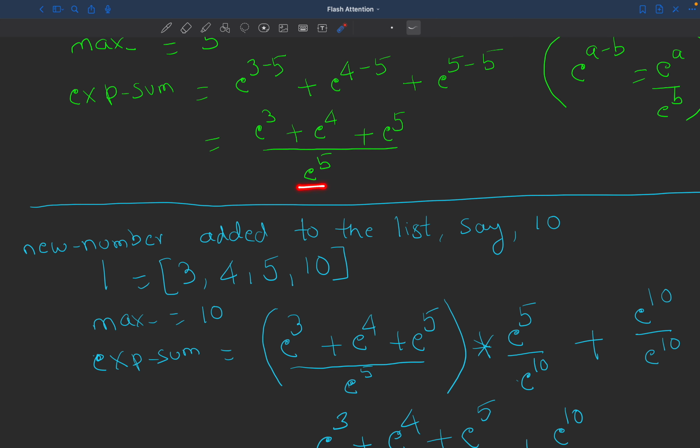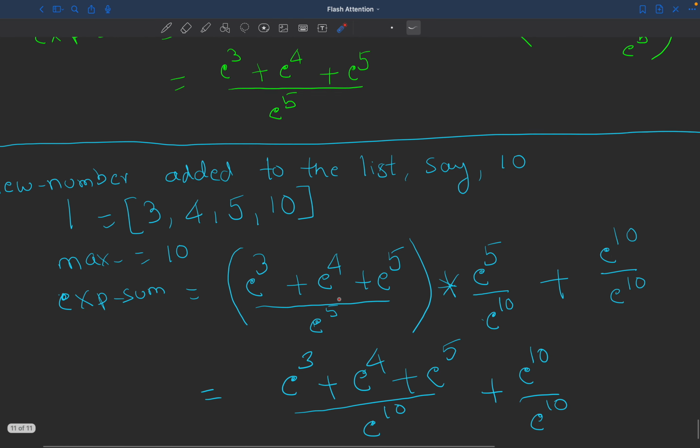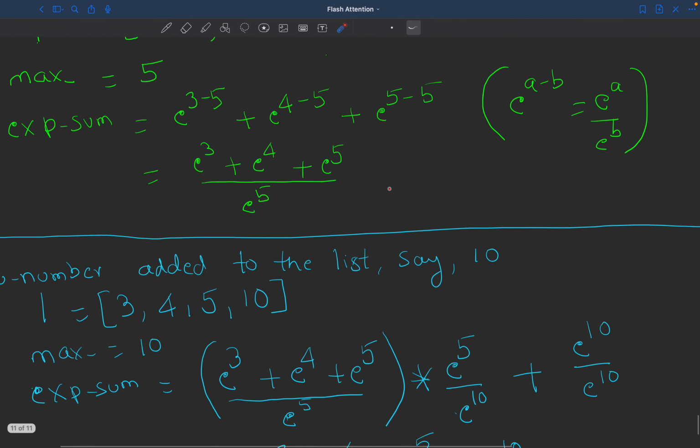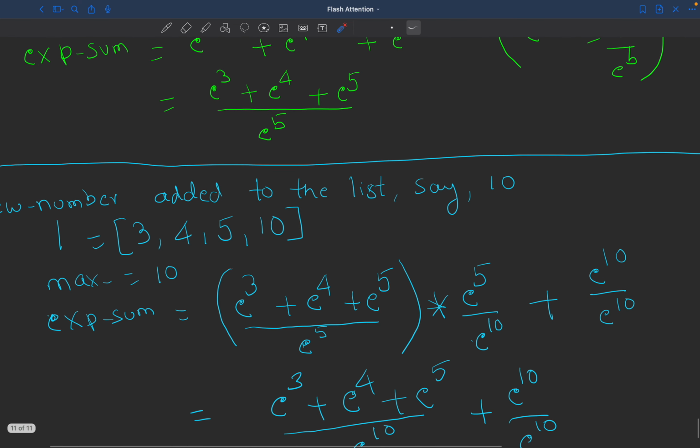We had earlier divided by e raised to 5, so to undo this we should multiply by e raised to 5. Then the new element is 10 and the maximum is also 10, so we divide by e raised to 10. So we undo the earlier changes, and then add e raised to the new element divided by e raised to the maximum. It so happens that in this case both are the same.